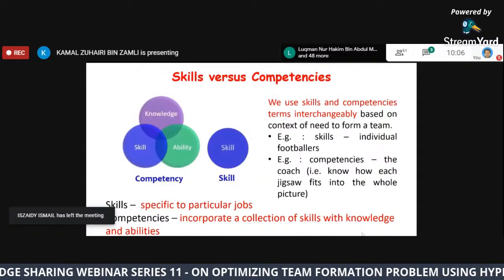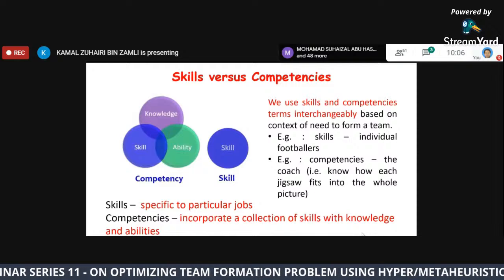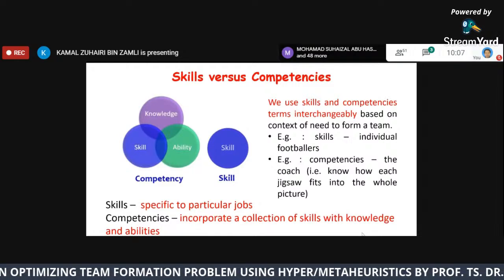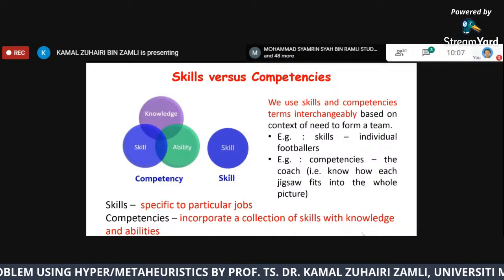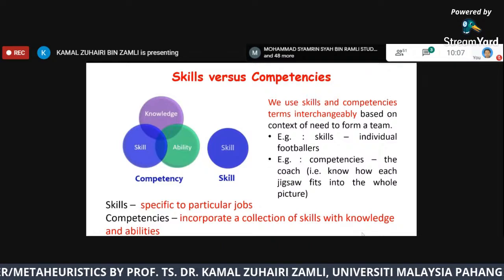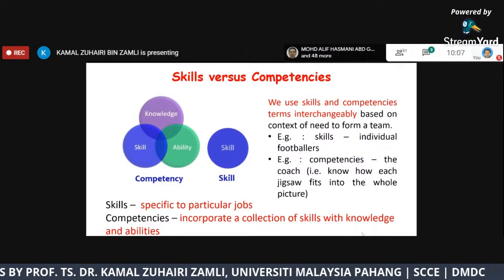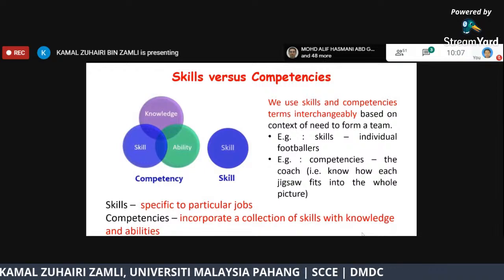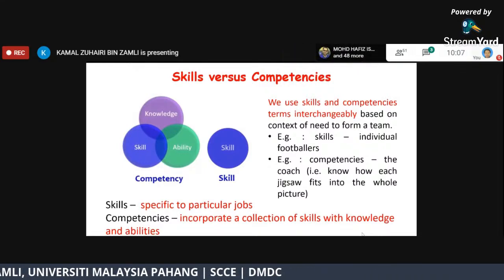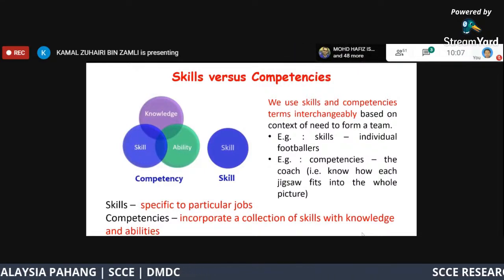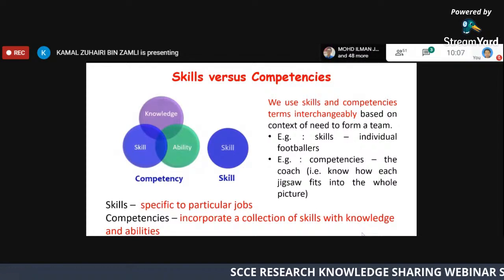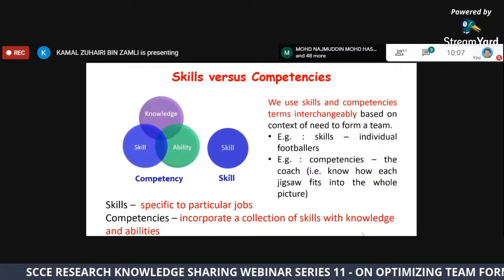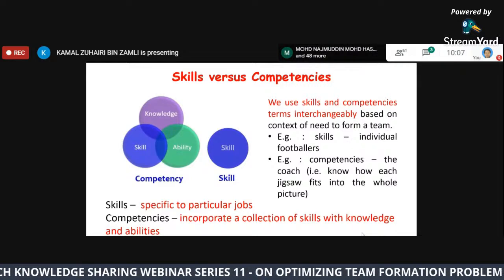In our work, sometimes people look into skills and competency. In this work, we use the terms skill and competency interchangeably based on the context. There are differences between the two, and some people say that skills are individual footballers, while competency is how they know each other, how each jigsaw piece fits into the whole picture.